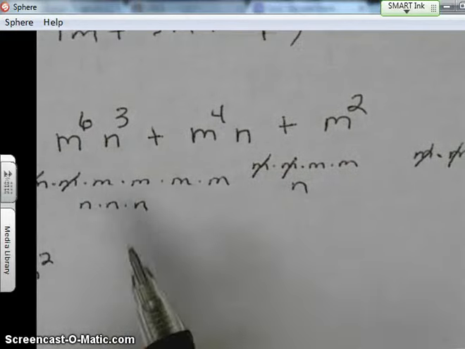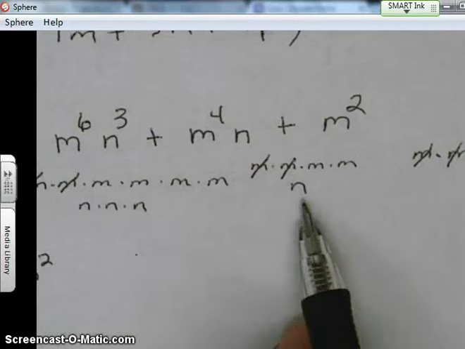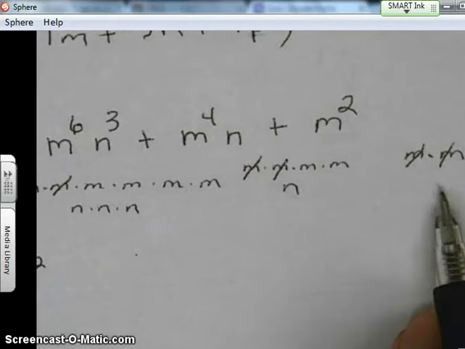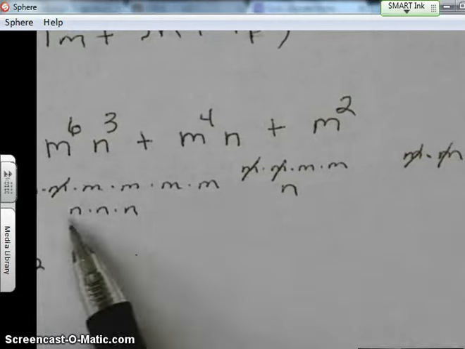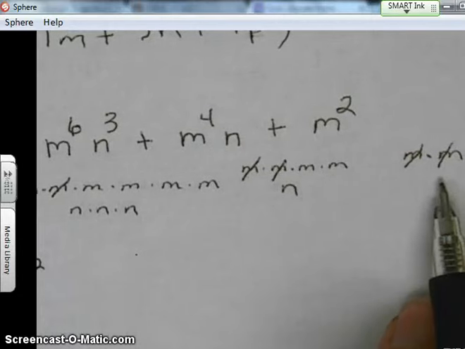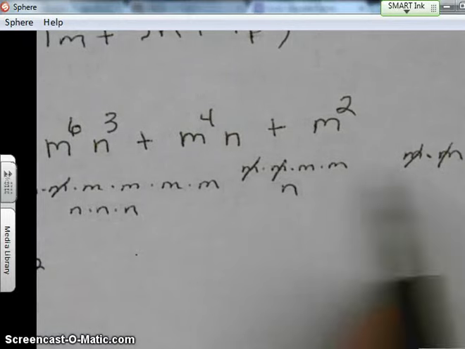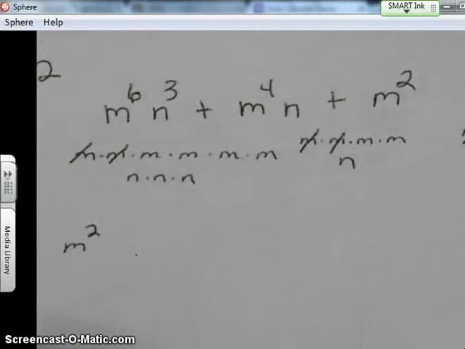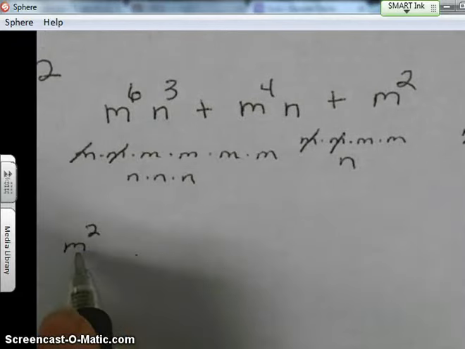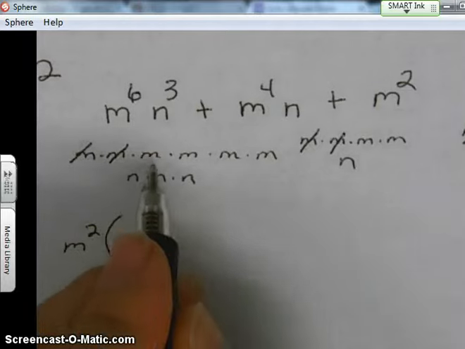Now, what about n's? We got 3 of them, 1 of them, and 0 of them. So what is the greatest common number of n's? Well, they don't have n in common. Just these two do, but not this one. So we can't factor out an n because this one does not have an n. So we're factoring out an m squared. So what do we have left?